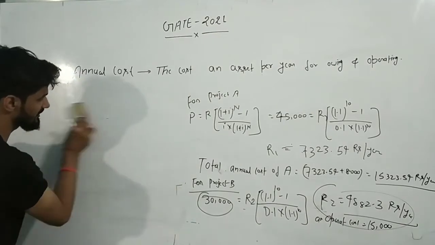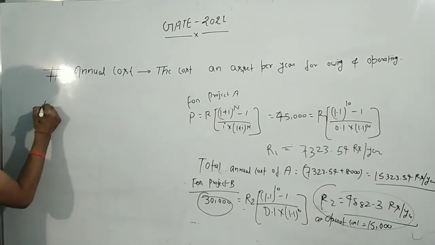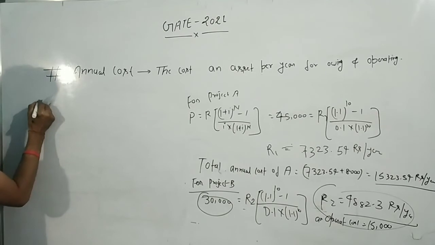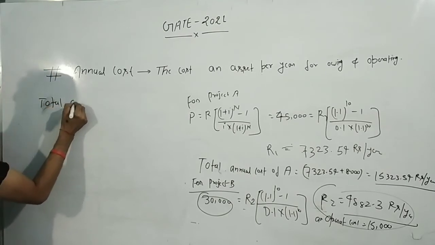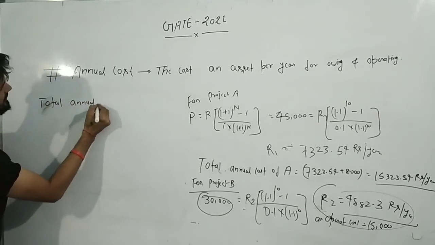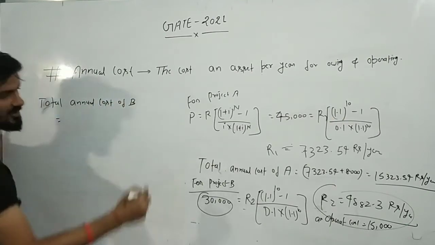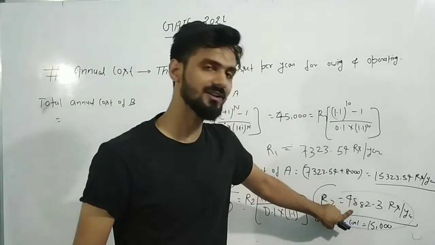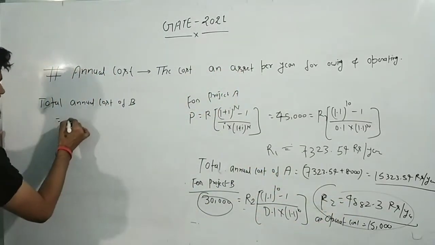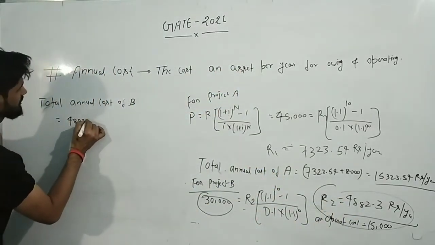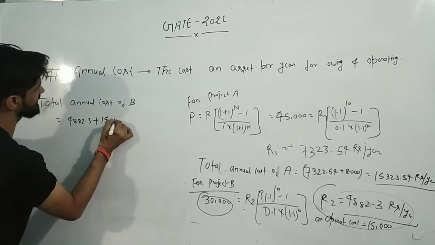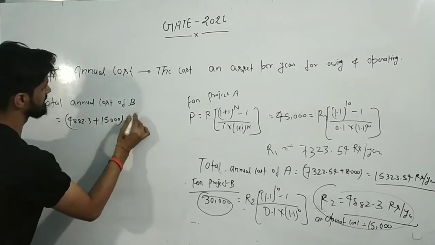From here you can calculate the total annual cost of project B, that is equal to how much? So here you have got 4882.3 rupees, 4882.3 plus 15,000 rupees per year.